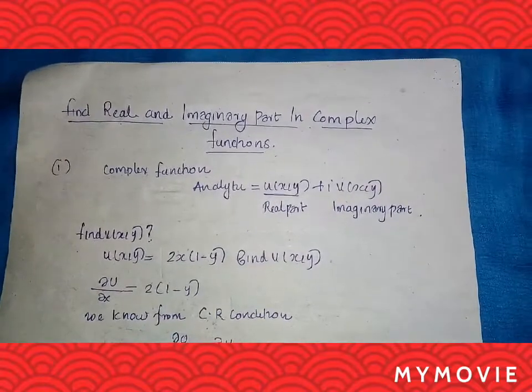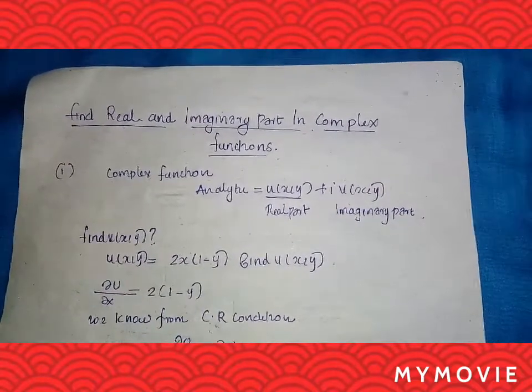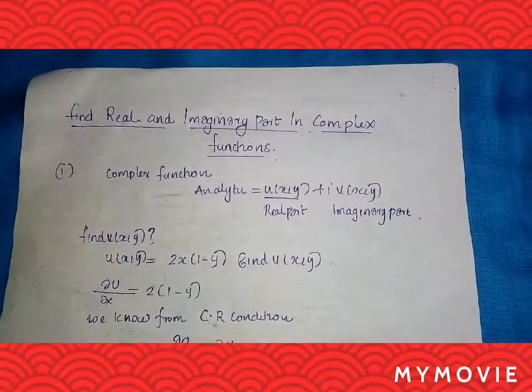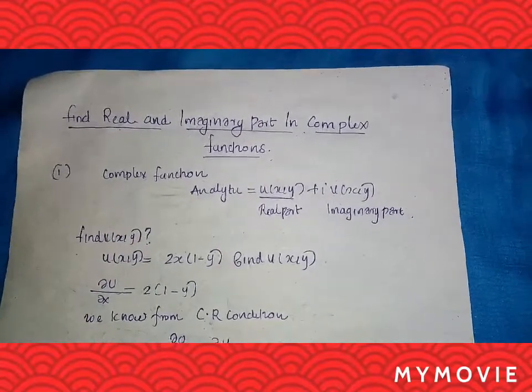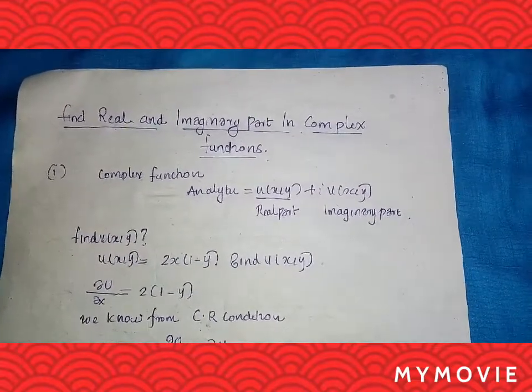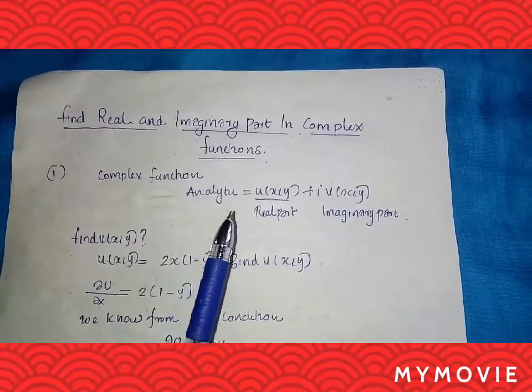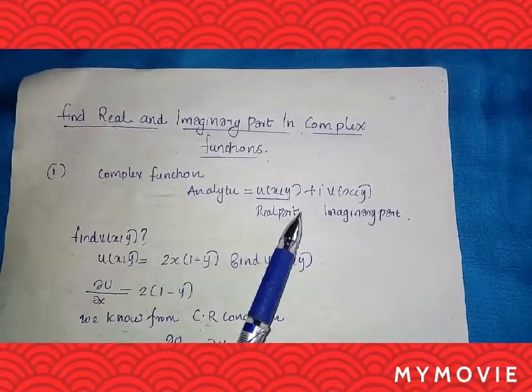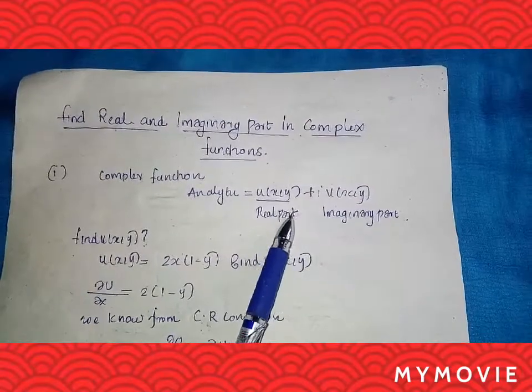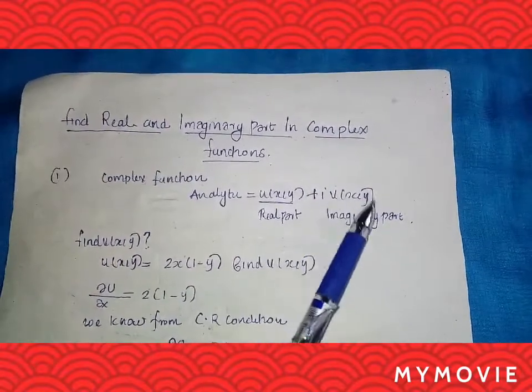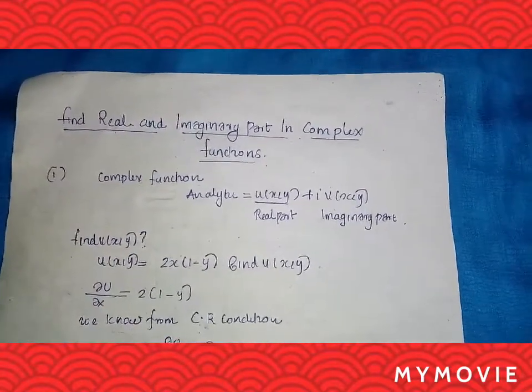Today, complex analysis part 3. We know that in an analytic function we have a real part and an imaginary part. So for an analytic function, real part u of x comma y plus i v of x comma y, that is the imaginary part.